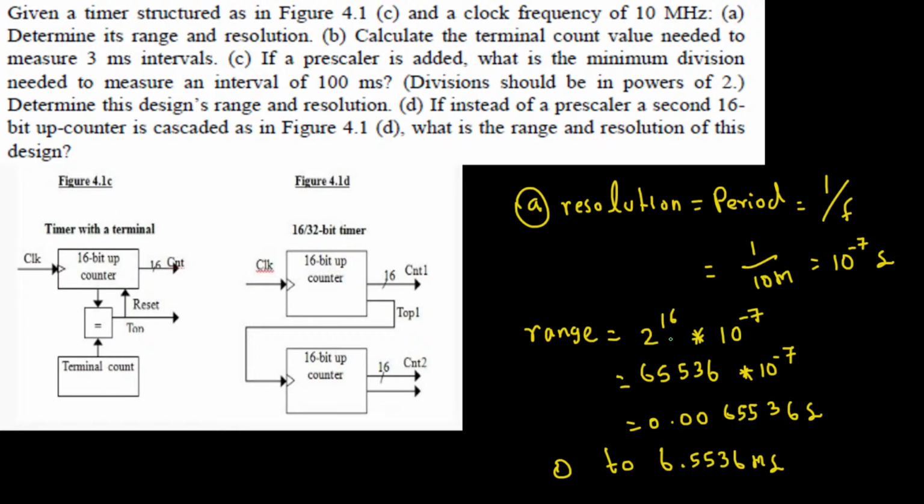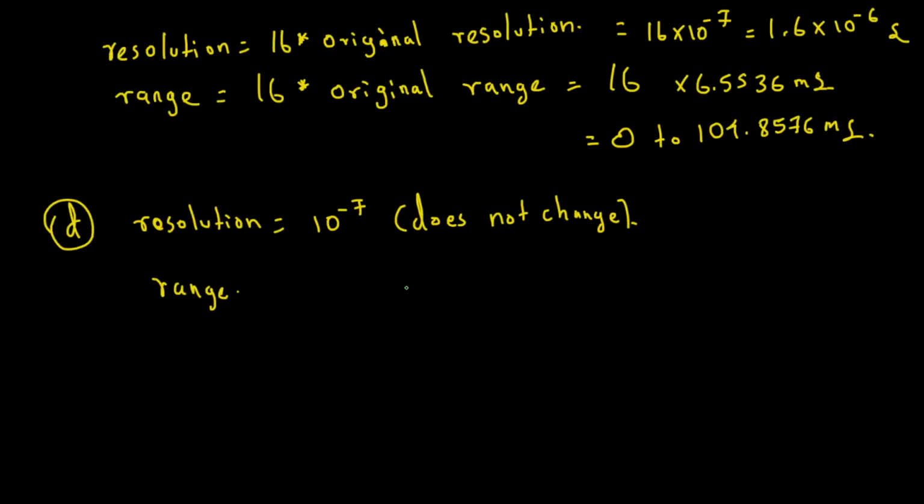Initially, if you look at this one, what we do is we take the power of whatever the counter we have and multiply that one with the resolution. So here we use 16 because it is a 16-bit counter. Now it's cascaded with another 16-bit, so that's going to make it 32. So now we are going to have the range to be 2 power 32 times the resolution, and the resolution is nothing but 10 to the power minus 7.